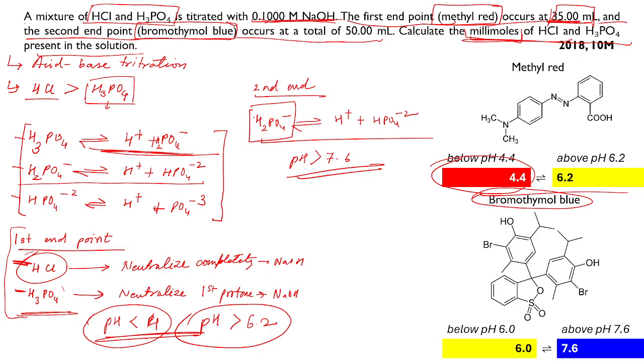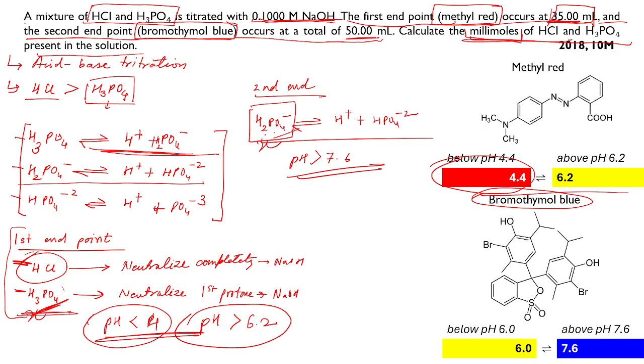At the second endpoint, only H₂PO₄⁻ is dissociating or reacting with NaOH. So if we calculate this amount, we can subtract it. Okay, so we need to calculate its amount. How are we going to calculate it? Now the second endpoint is 50 ml.